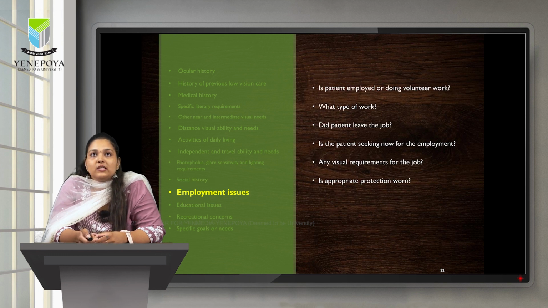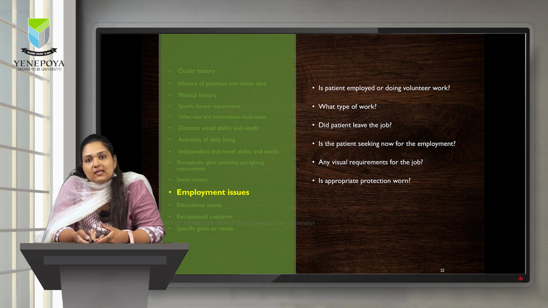Next is employment issues, whether the patient is still employed, was doing any volunteer work, or because of this condition he lost his job. That is a very important question we need to ask. What type of work he is doing, or did the patient leave the job because of the condition?